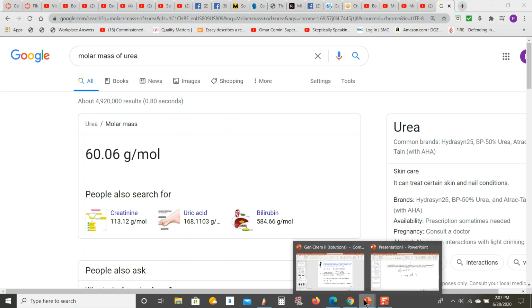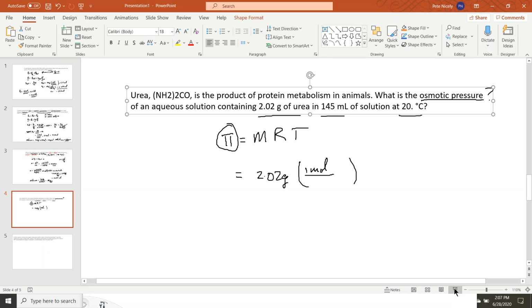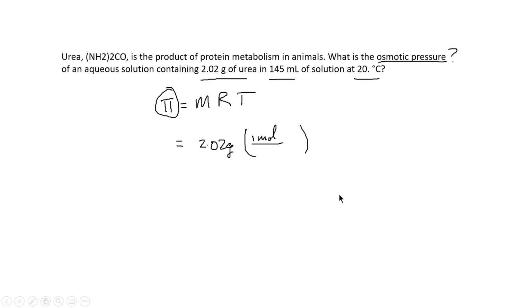So let me go back to this slide right here. So I'm going to put here 60.06 grams of urea down here.